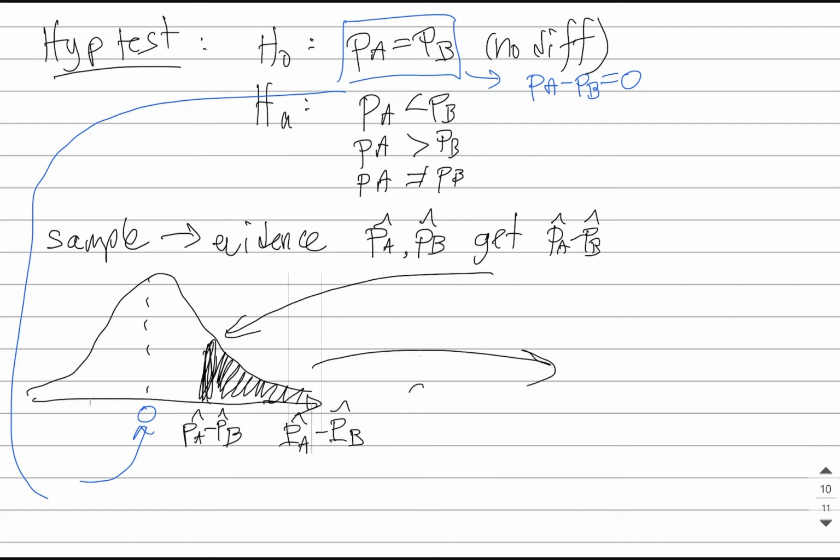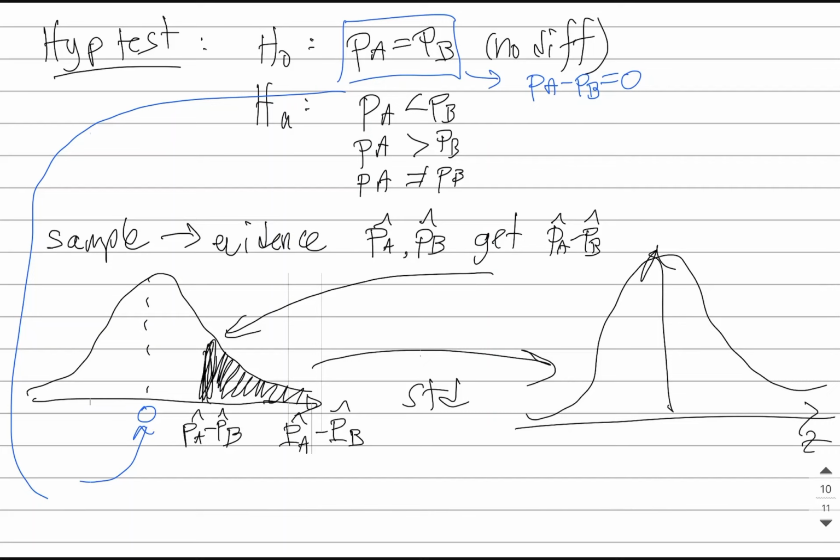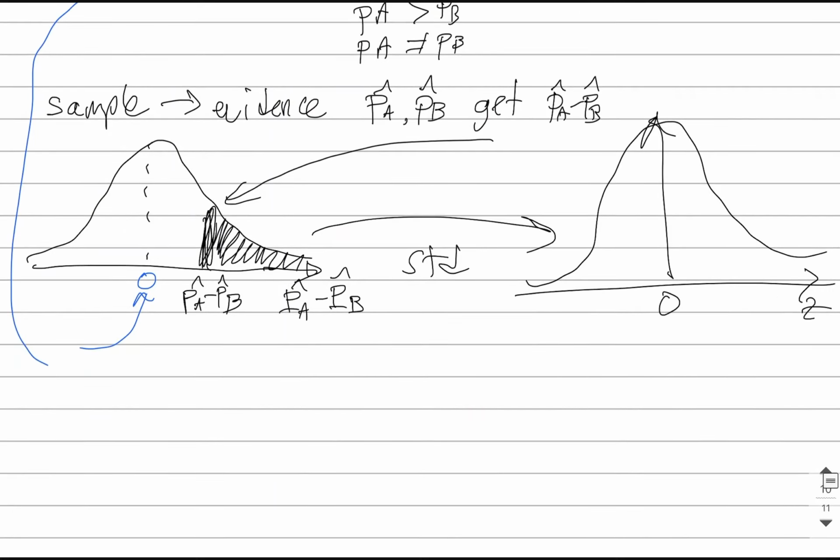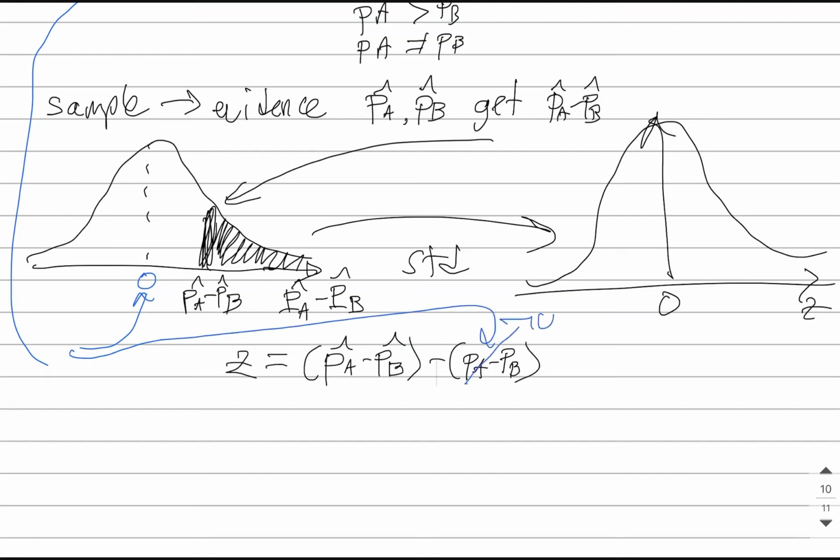Now, as always, we want to standardize this and turn this into a standard normal problem. So this would be on the z-axis. Now, there's one complication here when we standardize this. So if we take our z statistic, we will always have the observed sample statistic minus the hypothesized one. And the hypothesized one here is going to be 0, because that's what our value is saying.